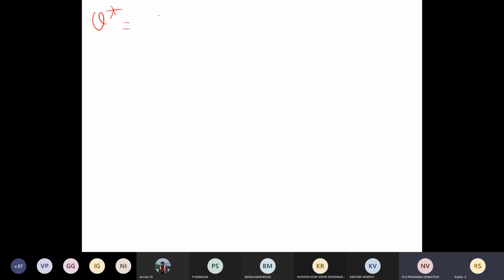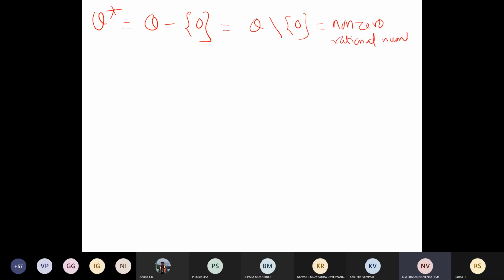Q star equals Q minus 0. They'll write it this way or even this way. So I'm just removing 0 from that. You usually denote it by Q star, the non-zero rational numbers.